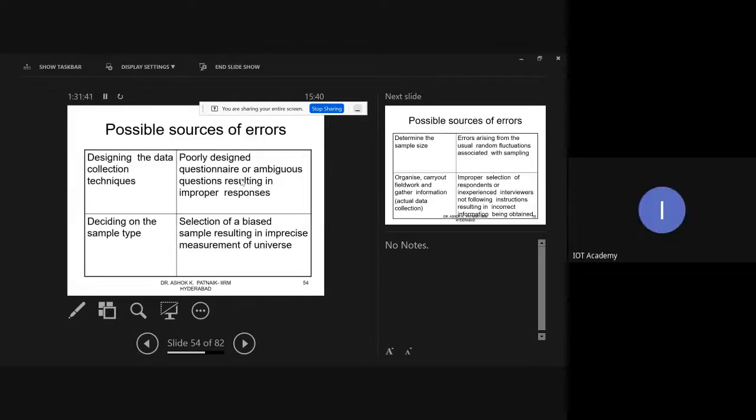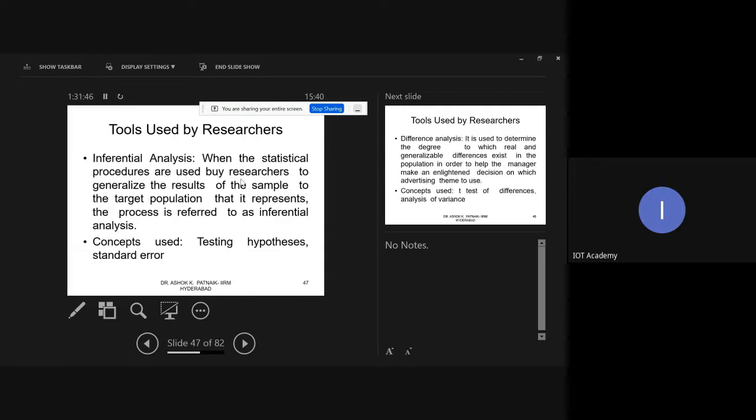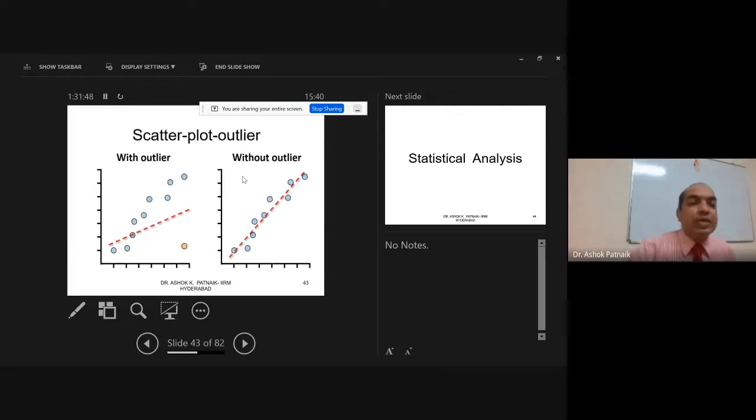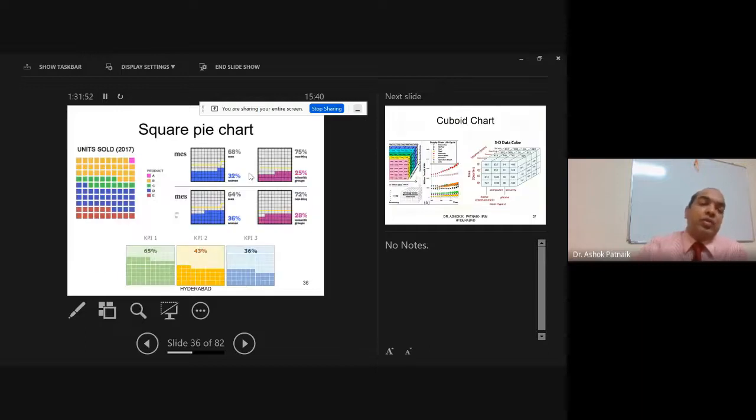So, what are the methods used by researchers while collecting data? You have so many different methods. Generally, there is the questionnaire method. Otherwise, you can use telephonic methods, or nowadays focus groups or other group meetings.